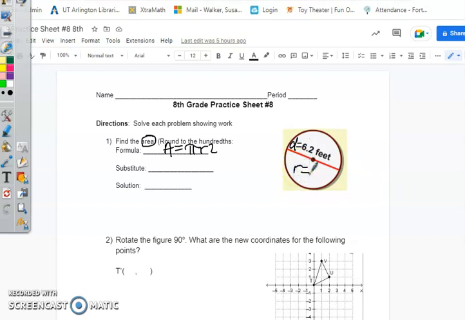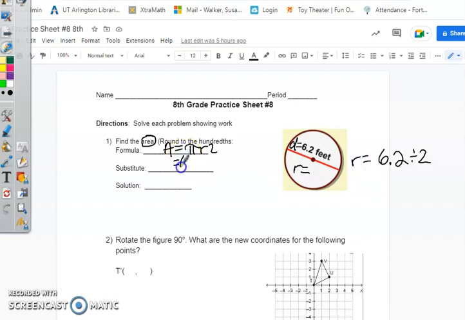So let's just make sure we know the difference. If they give us diameter, let's go on and figure out the radius. So the radius is half of this. So in your calculator, you're dividing it by 2. Okay? So that will give you the radius.